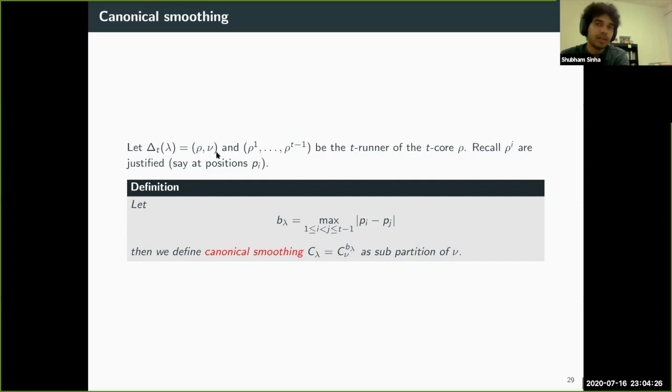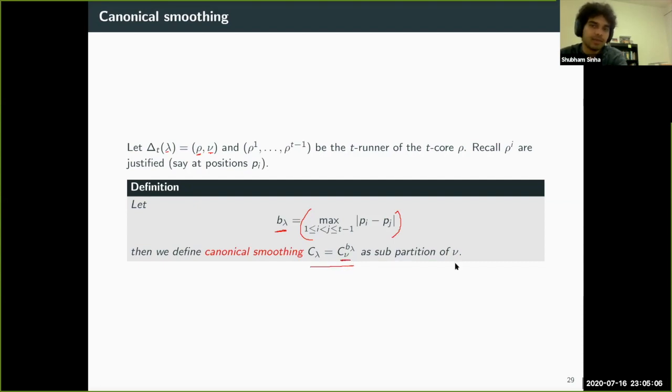So what do we do? We have B smoothing defined for t-quotient partitions, but for any given lambda, we have the t-core of the partition, and this t-core gives us certain information which helps us choose this B. So in the C nu B, we choose this B of lambda in terms of the core, which we define to be the maximum of the differences between these beta numbers which describe the core of the partition, and we call it the canonical smoothing.